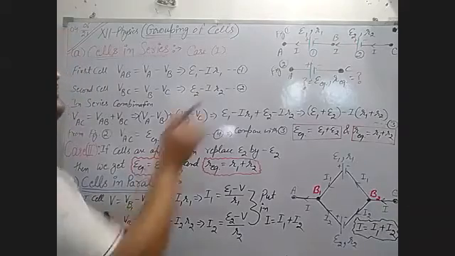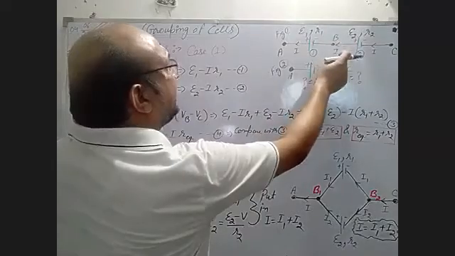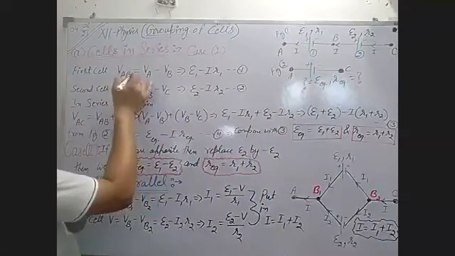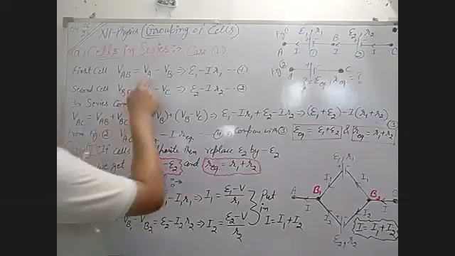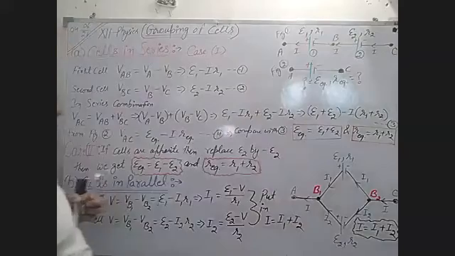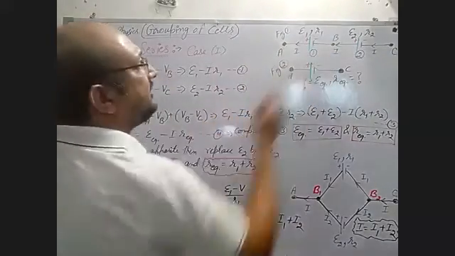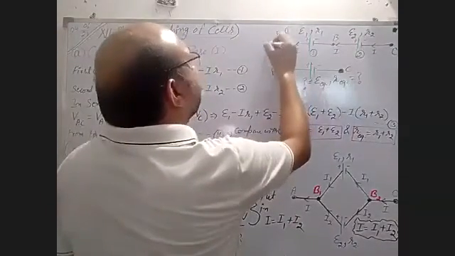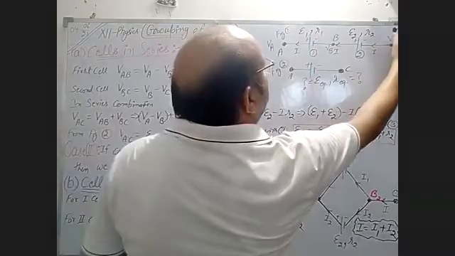For AB, there is a potential difference between A and B, VAB. How can you calculate it? By taking the difference of potential at A minus potential at B. Let us say this is VA, this is VB, here VC.